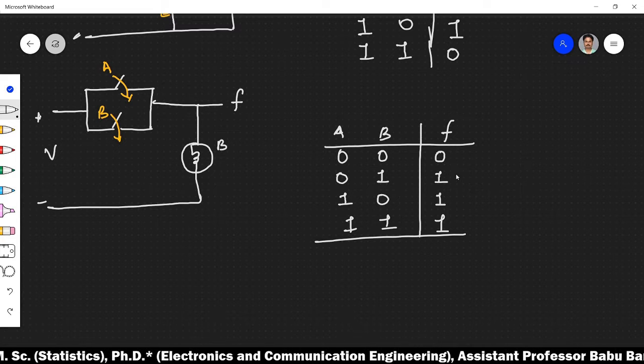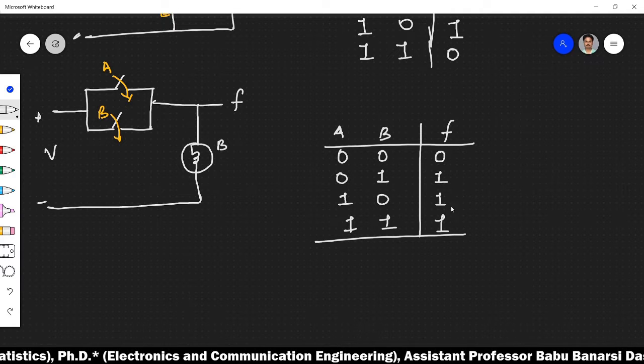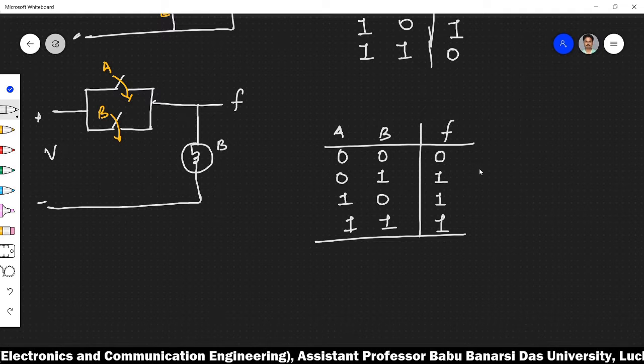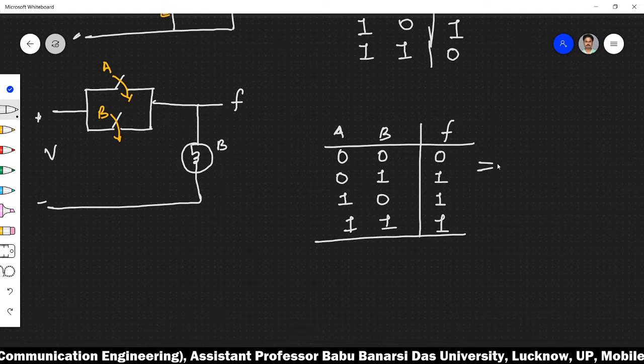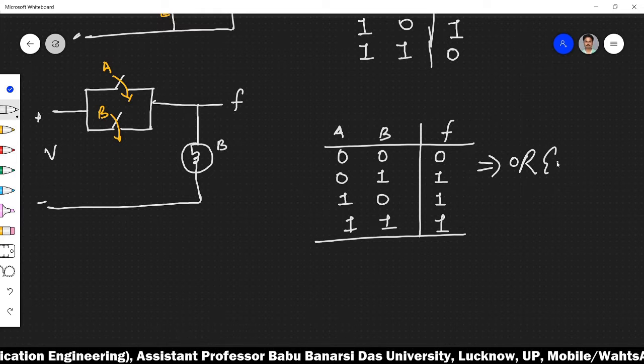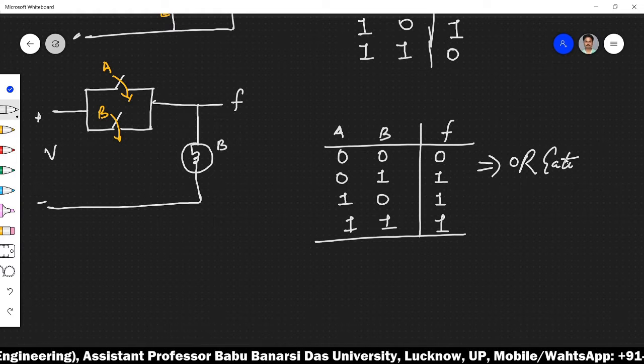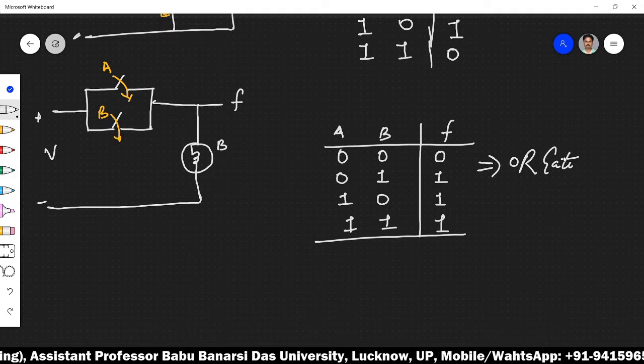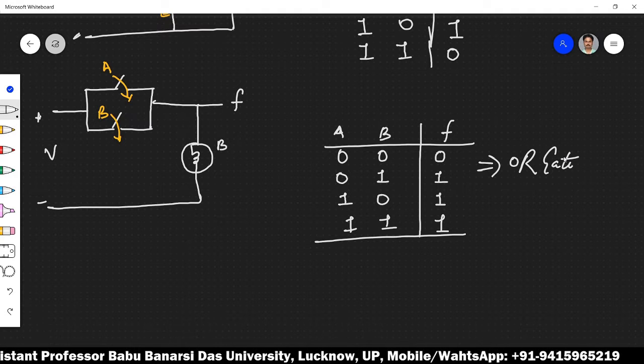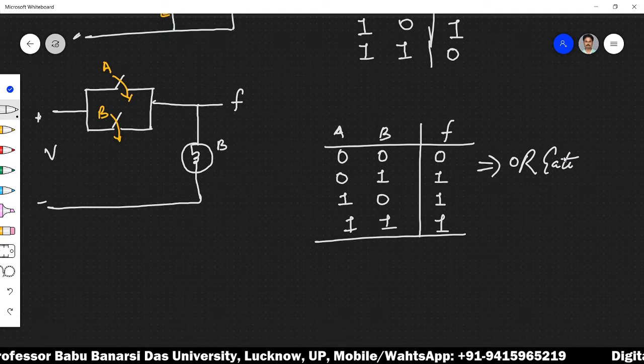If you observe this operation table, it is nothing but the truth table of your OR gate, where if any of the inputs is high, then the output is high.